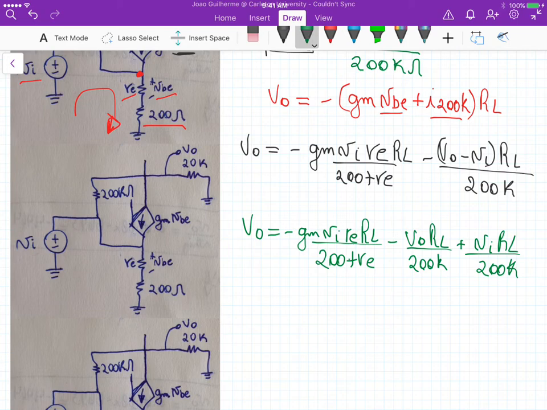This term depends on V naught, and this one also depends on V naught, so we can group them on the left-hand side.